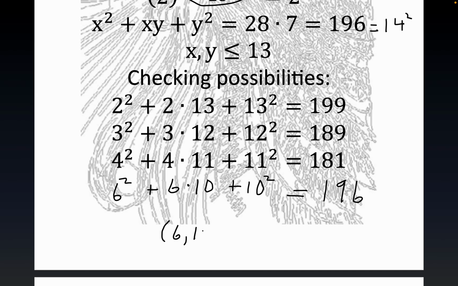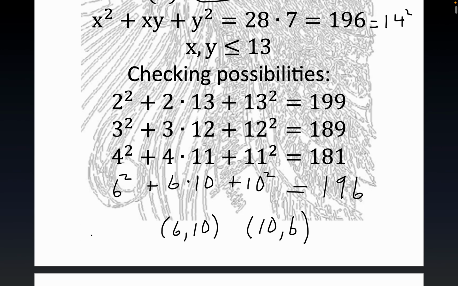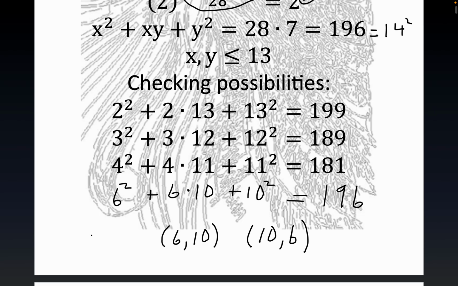But remember, because of the symmetry of the expression of the exponent, we also get (10, 6). And those are the only two positive integer solutions I found. I guess it's fair to call them distinct solutions. Again, there may be others, but I've been wrong so many times I don't care to stick myself out in the open on that.